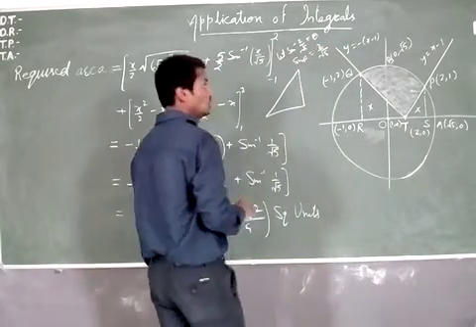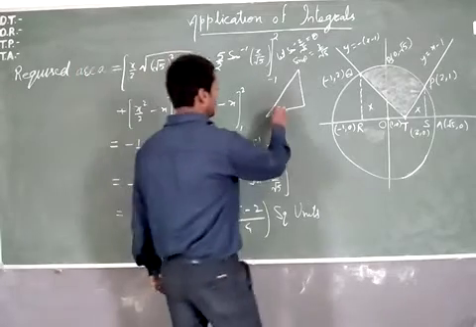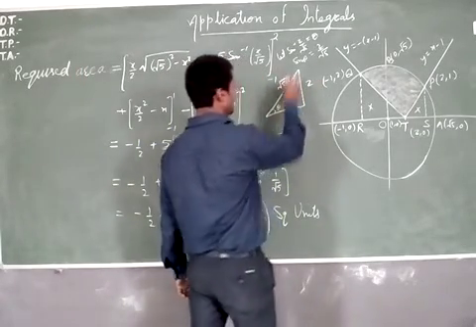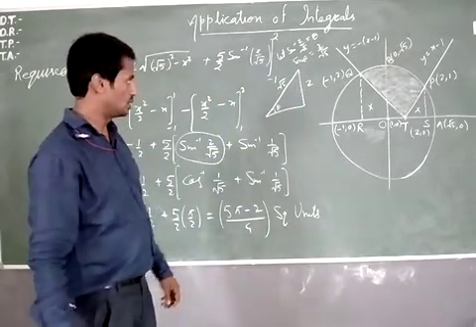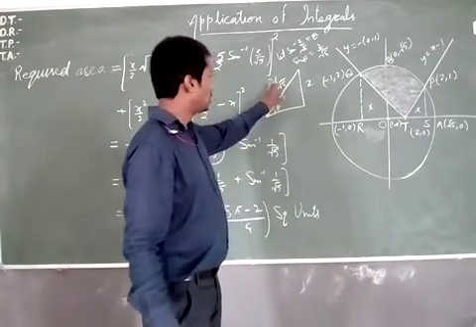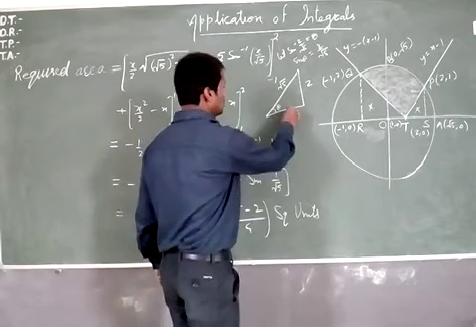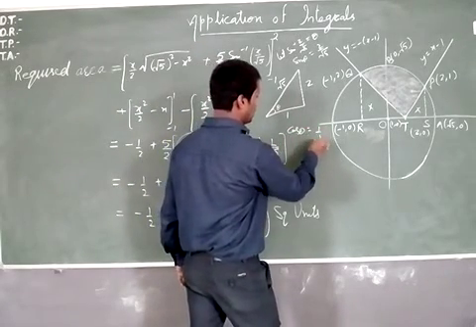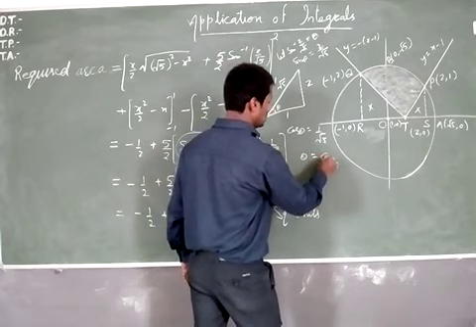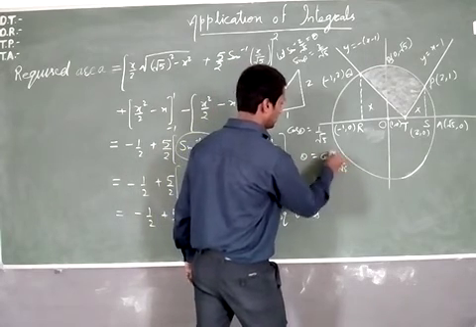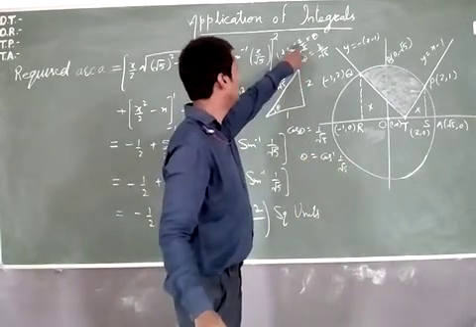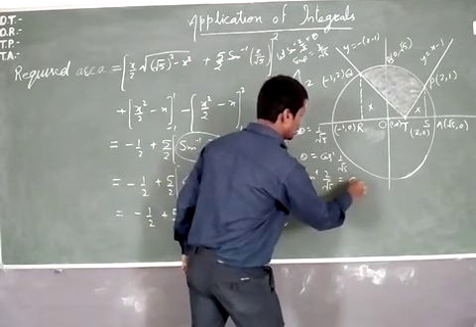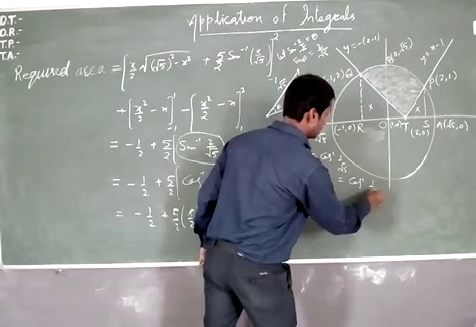After applying the Pythagoras theorem, the base is root of 5 minus 1, which equals 1. Then cos theta equals 1 upon root 5, so theta equals cos inverse 1 upon root 5. Thus sin inverse 2 upon root 5 equals cos inverse 1 upon root 5.